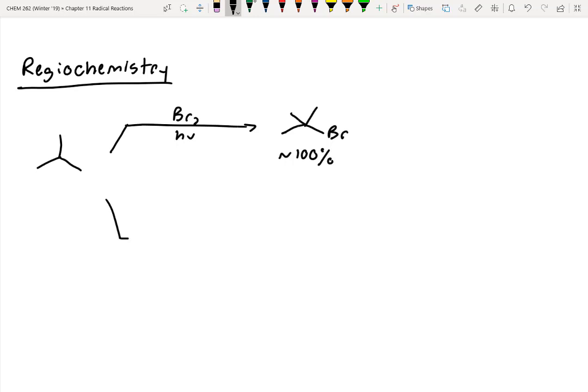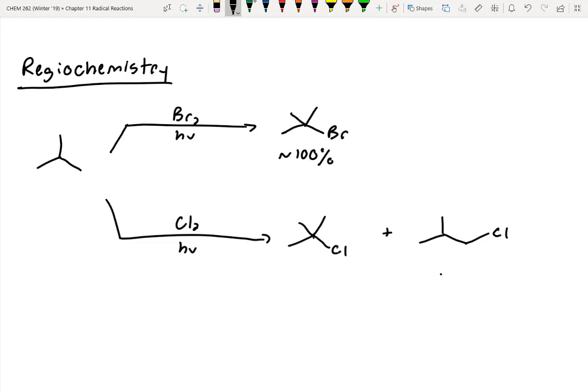If you do the same reaction with elemental chlorine and UV light, you could get chlorine added to that central carbon, or you could get chlorine added to one of the primary carbons. The reality is chlorine is very promiscuous.